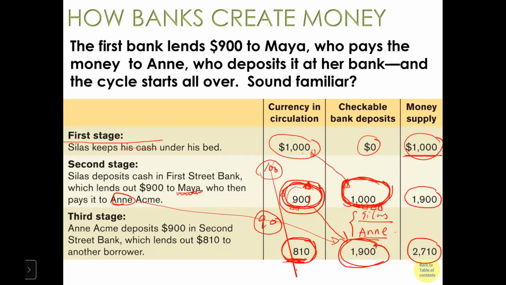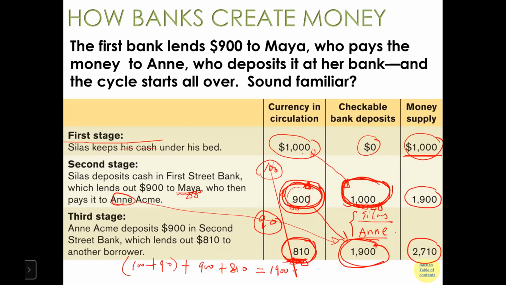If that's the case, now we can calculate. 100 plus 90, that is the reserve, the cash they have, plus 900, which is the loan Maya took, plus 810, which is the second loan somebody else took. And this adds up to 1,900.